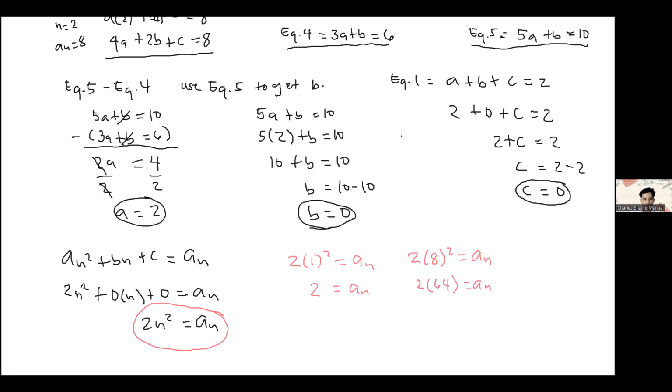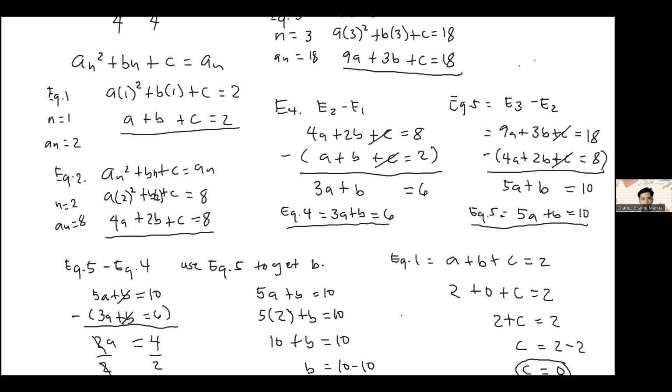Mali yung na-substitute ko. Yung 2 pala, yung second term. Para mahanap natin yung second term, 2 times 2 squared, is equal to 4. Then 2 times 4 is equal to 8. So ibig sabihin yung second term is equal to 8.